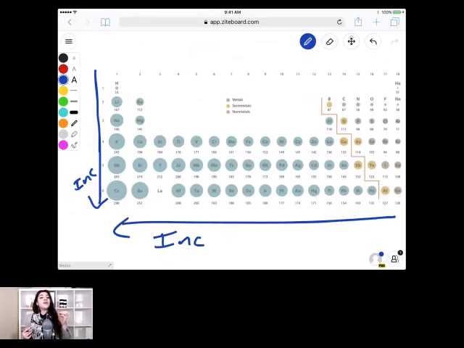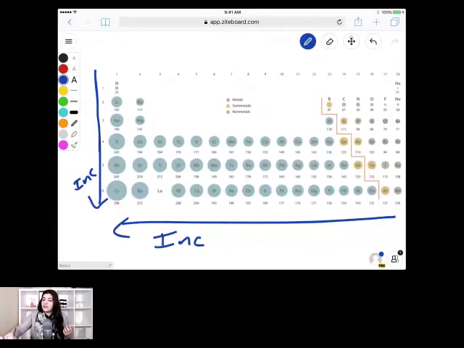So any atom closest to fluorine would be higher in electronegativity, in ionization energy, and electron affinity. And now the opposite, for atomic radii, anything closest to cesium would be larger. All right, so just knowing those is really helpful to be able to figure out what's higher in whatever you're looking for. So let's try one.